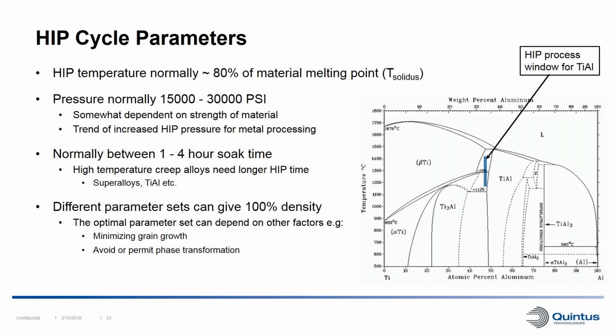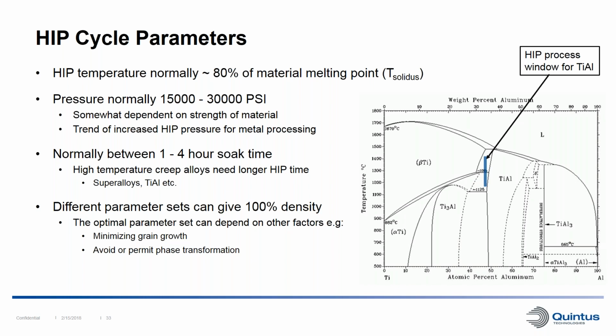One thing I also want to point out is that the main purpose of the HIP cycle is to get to 100% density of your material. However, there are different ways to get there, and different parameter sets and cycles can give 100% density. Which one you want to use normally depends on other factors.